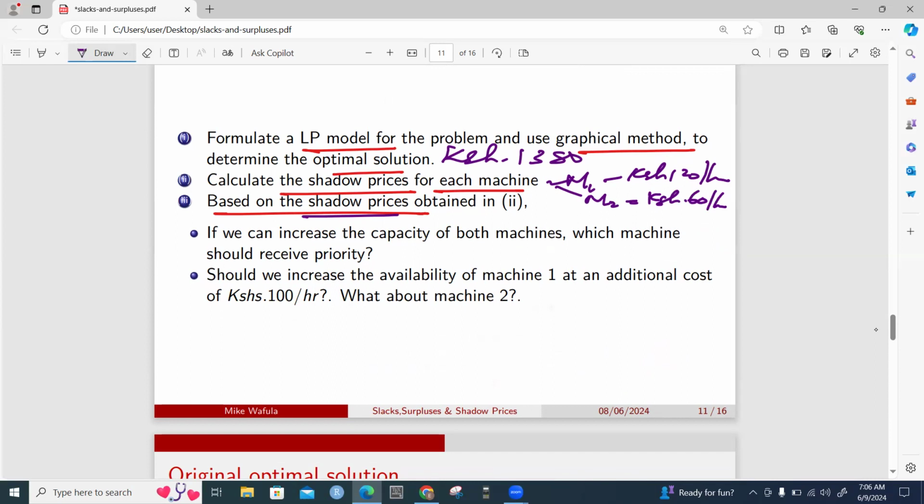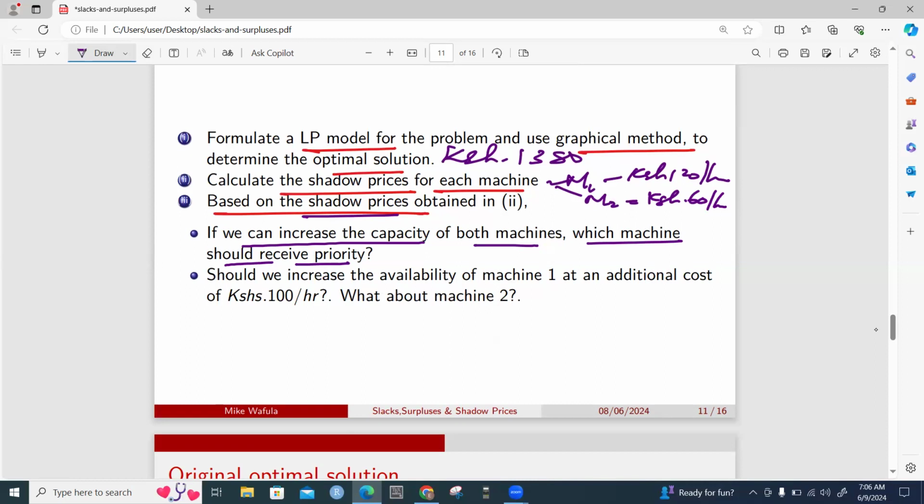We now have a question here: based on these shadow prices, if we can increase the capacity of both machines, which machine should receive priority? We can see very clearly that if we increase machine 1 by 1 extra hour, it will bring in a profit of 120 shillings.